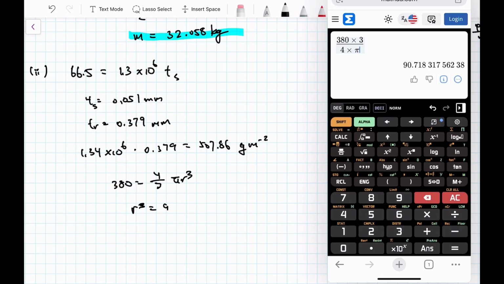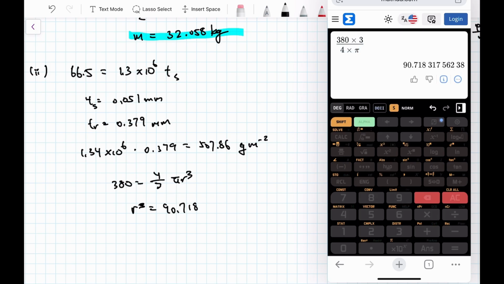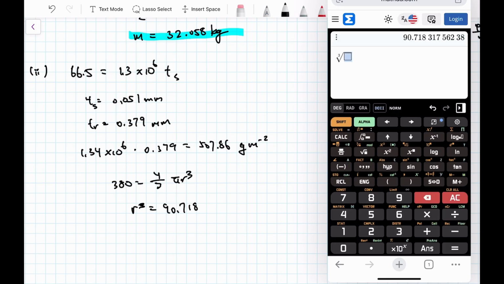So that gives us 90.718, and then cube root, so r should be equal to 4.493 meters.